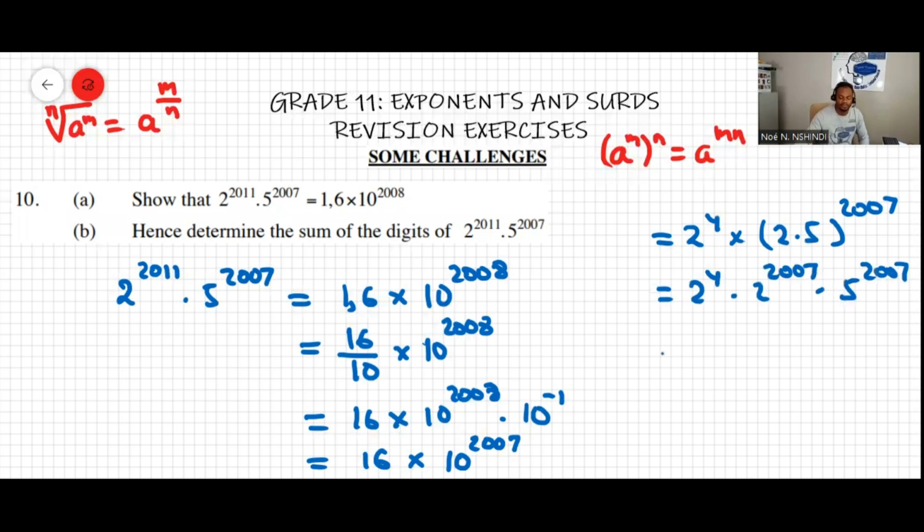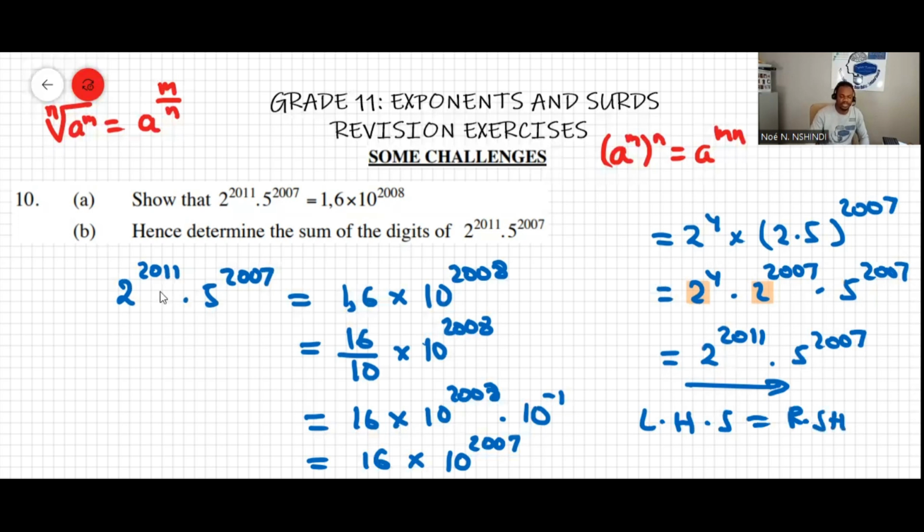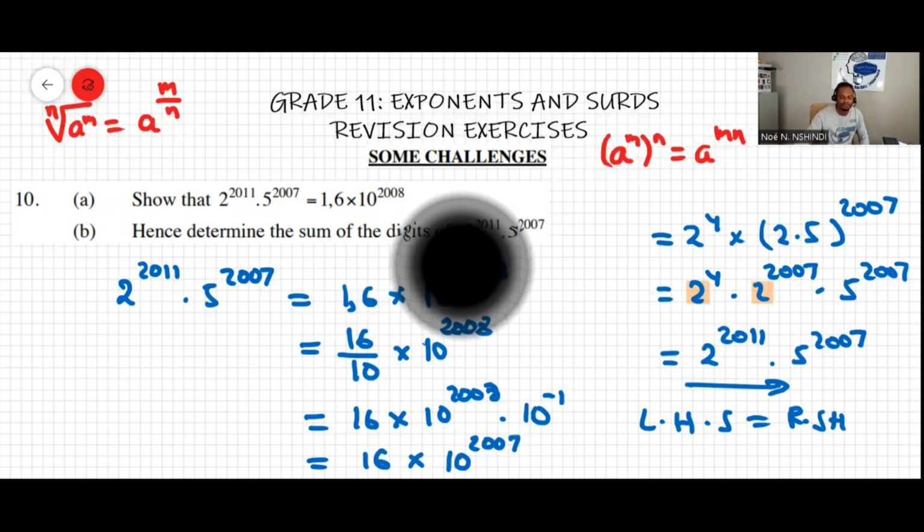Now over here, the bases are common, so we can combine the exponents. That makes 2 to the 2011 multiplied by 5 to the 2007. So we can prove that the left-hand side equals the right-hand side, because this part here is what we had on the left-hand side. Thank you.